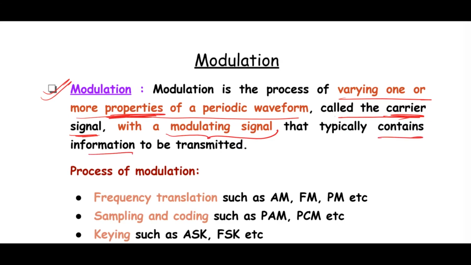Now there are different types of modulation schemes. The first one is frequency translation, in which we have AM, FM, PM like techniques. The second is sampling and coding, in which we have PAM, pulse amplitude modulation, and likewise pulse code modulation, etc. Finally the keying techniques, sometimes called digital modulation techniques also.